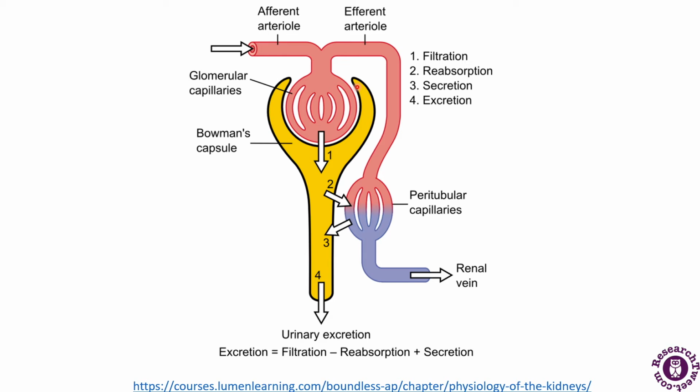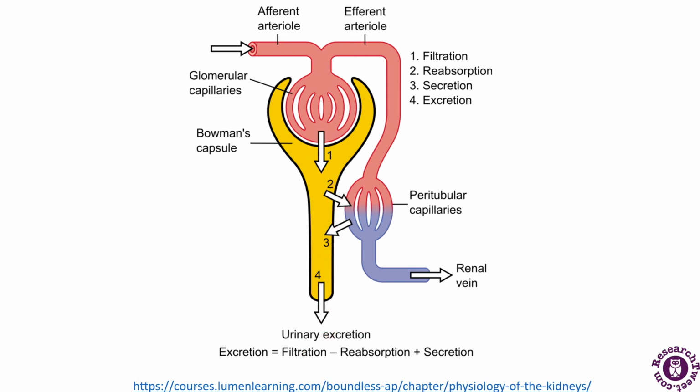This is a diagram showing the basic physiologic mechanism of the kidney and the steps involved in urine formation, namely filtration, reabsorption, secretion and excretion. There are glomerular capillaries depicted here, Bowman's capsule, and the four steps which we are discussing. As you can see, step 1 takes place, and then steps 2, 3 and 4 are displayed.